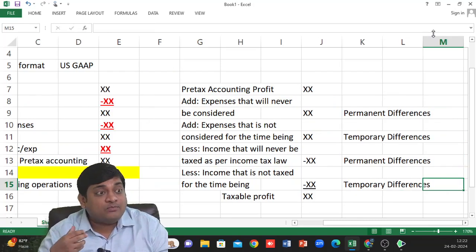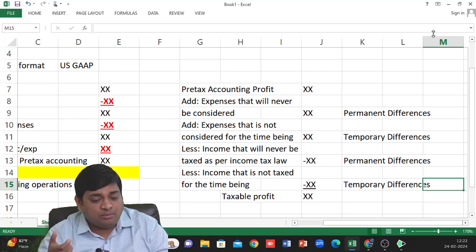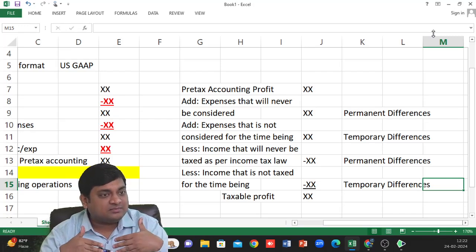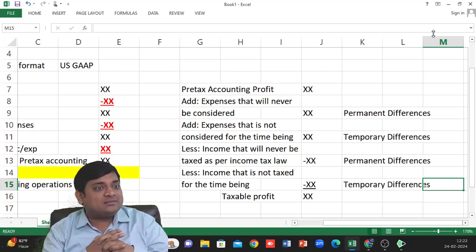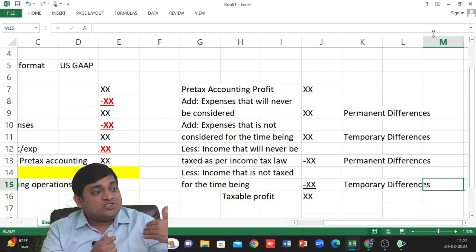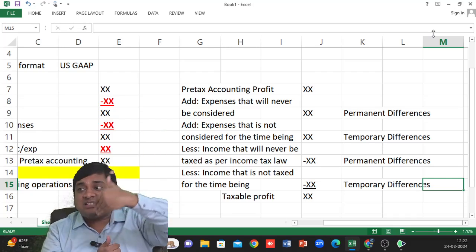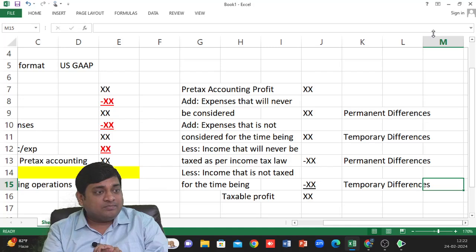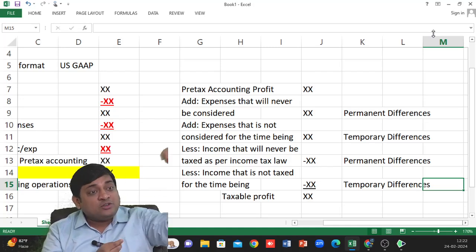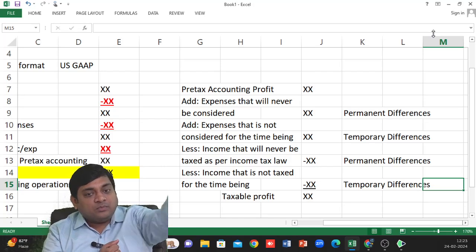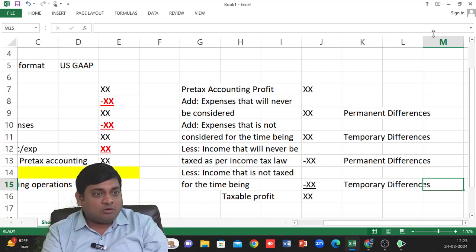So when I reconcile a pre-tax accounting profit with taxable profit, there are differences. Like we have done BRS: a cheque deposited not yet credited in the bank account, a cheque issued to a supplier but not yet presented for payment. Similarly, an expense shown in the P&L, meaning GAAP, will not be considered in income tax law.